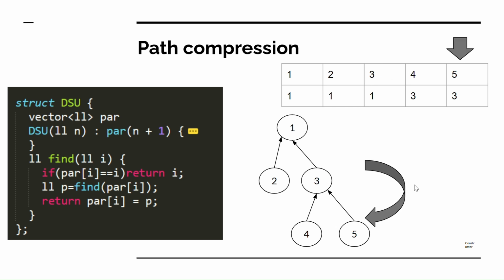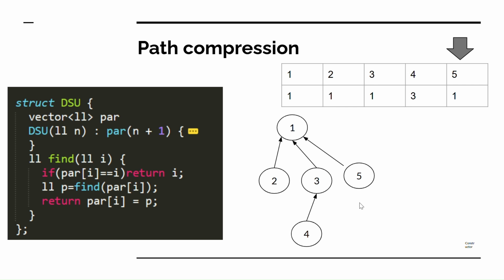So when we are coming back from 3 to 5, the returned value is 1. We are going to store p as 1 and update the parent of 5 to 1. That is, 5 is not going to point to 3 now, and for 5 it is now updated with 1. So this new edge is added, that is, 5 is now pointing to 1.